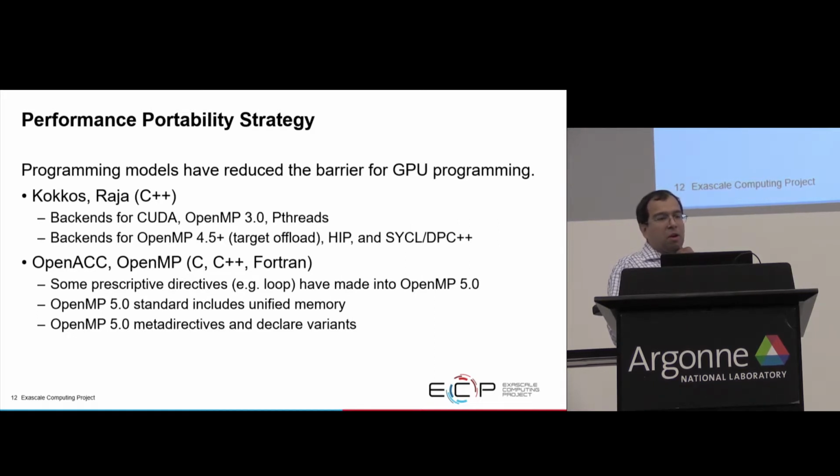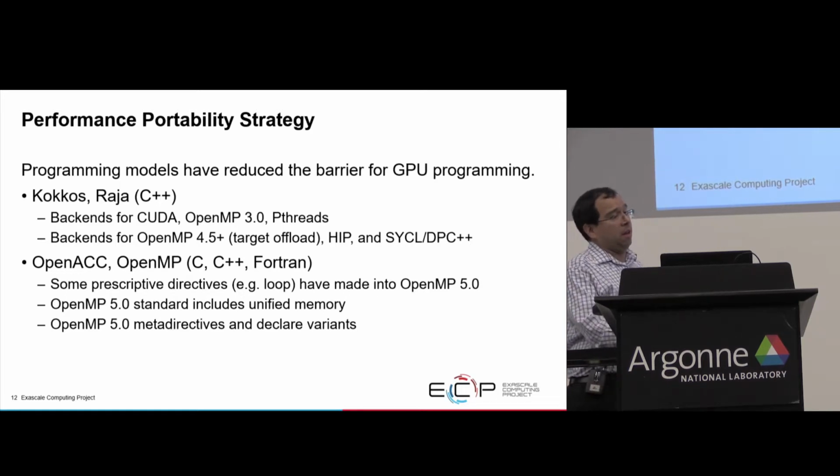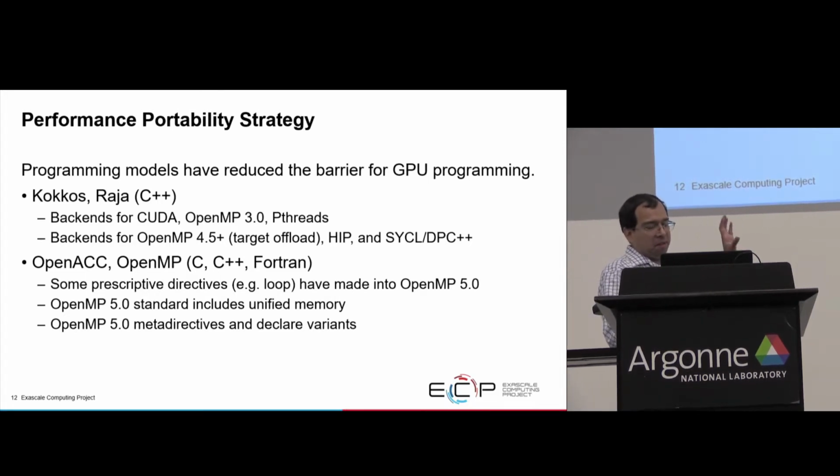So our performance portability strategy. Our job is a lot easier now than it was many years ago. As Doug mentioned in his talk, from the software technology part of ECP, we have Kokkos and RAJA. Those programming models are limited to C++.